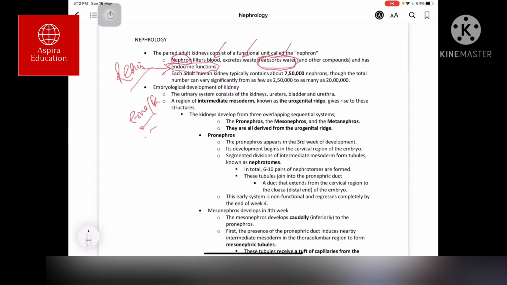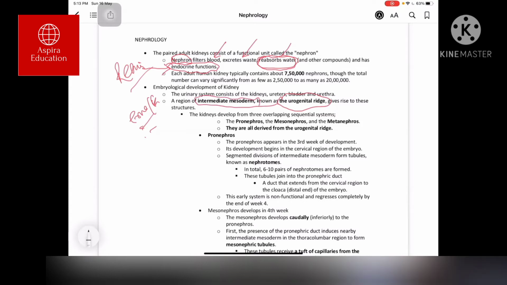Embryological development: we know that the urinary system consists of the kidneys, the ureters, bladder, and finally the urethra. The region from where it develops is called the urogenital ridge. Now, this urogenital ridge develops from the intermediate mesoderm.